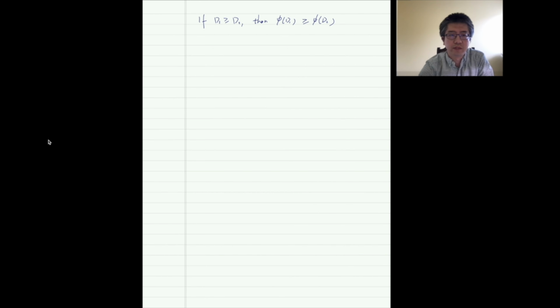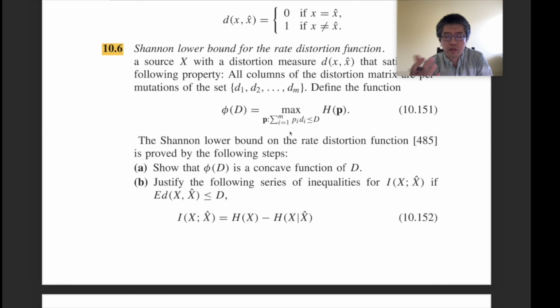This is relatively easy to see because the only difference here is this constraint. If we have a bigger constraint, which means that the range of the maximization is bigger, therefore it is possible to have a bigger value of phi.